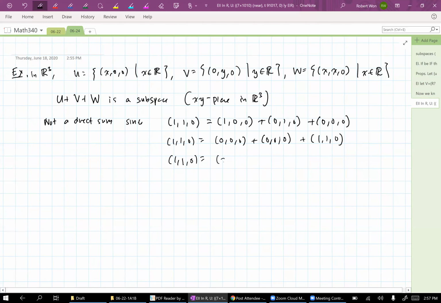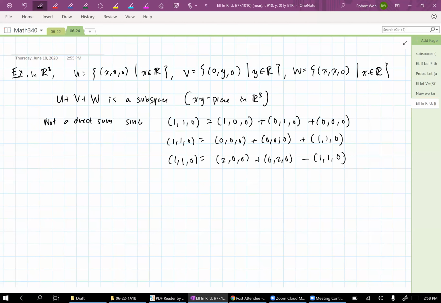You could take (2, 0, 0) plus (0, 2, 0) minus (1, 1, 0). So there are many ways to write this element as a sum of elements, one from U, one from V, one from W. So this sum lacks the uniqueness property.